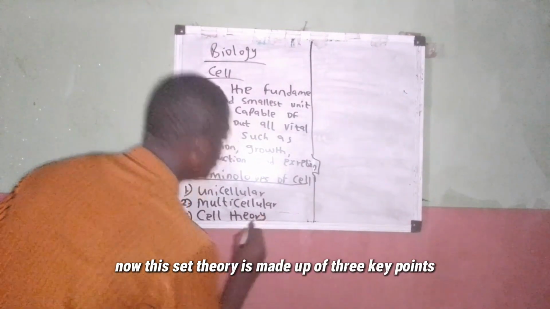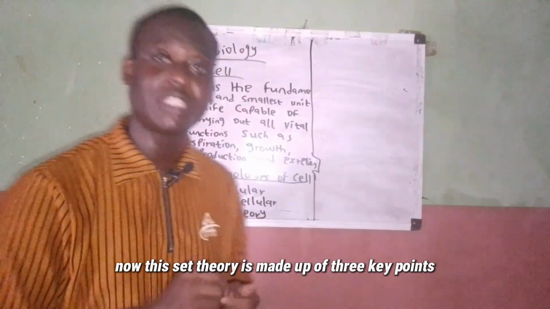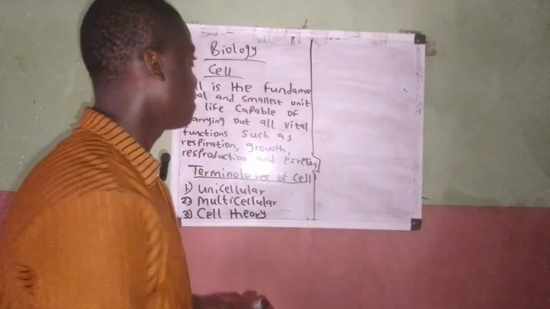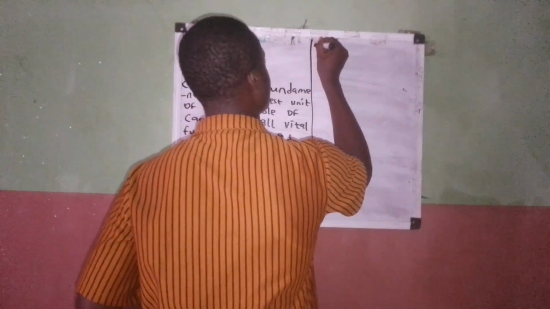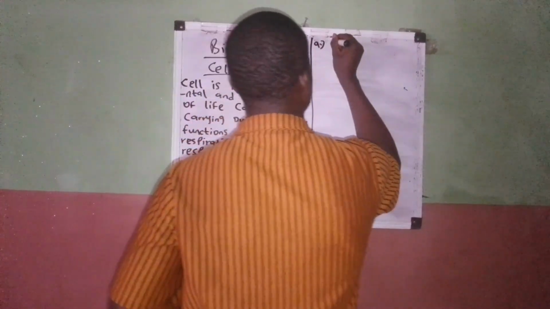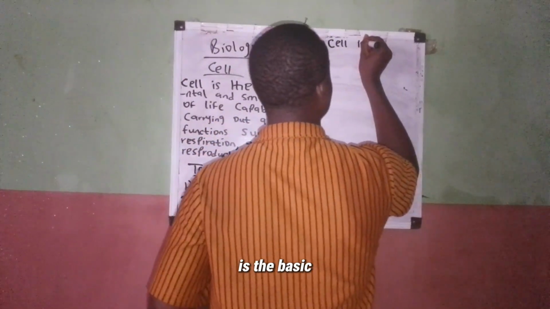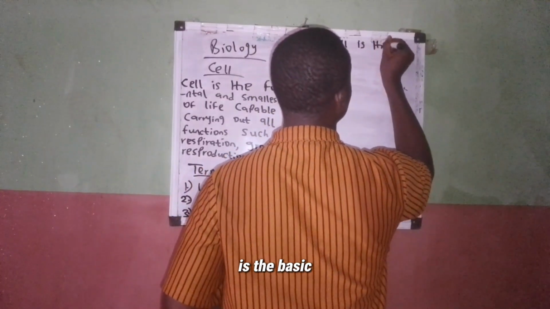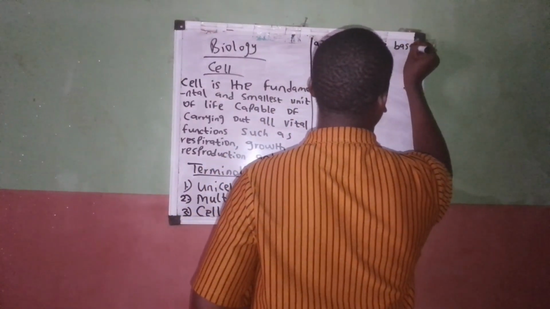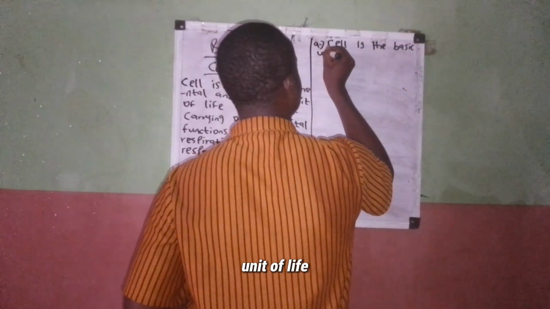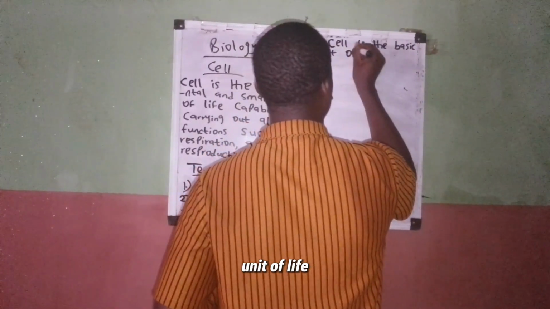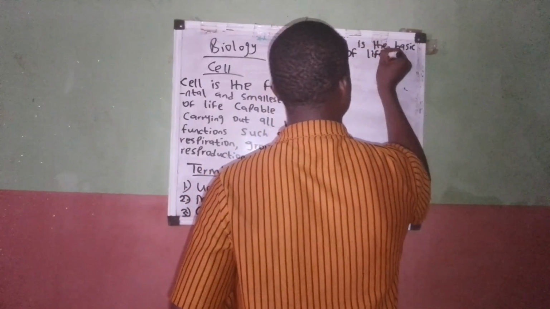Now, number 3, we have cell theory. This cell theory is made up of 3 key points. Namely, let me write it: that cell is the basic unit of life.